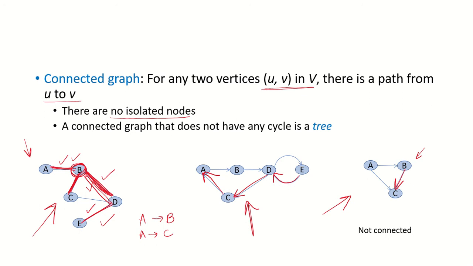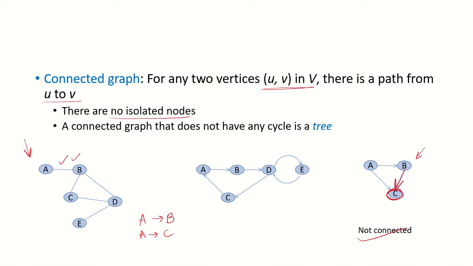There is no path which can take us from B to A. Similarly, from node C also, there is no path which can take us from C to B or C to A. So since the nodes are not connected with each other, we say this is not a connected graph.